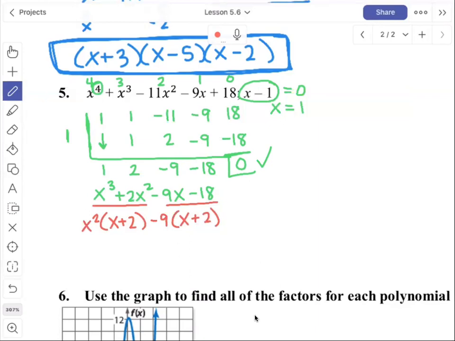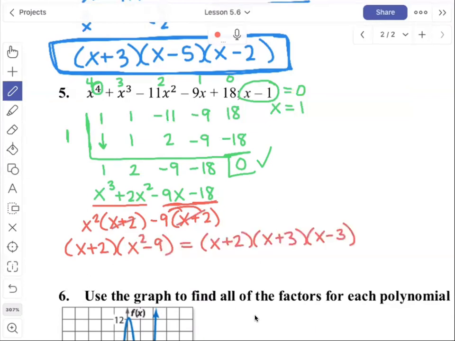If you're not sure, you can always just redistribute and see if you get back to -9x minus 18. All right, we got twins. So we got x plus 2 times x squared minus 9. And that x squared minus 9, I can factor that more into x plus 3 times x minus 3.